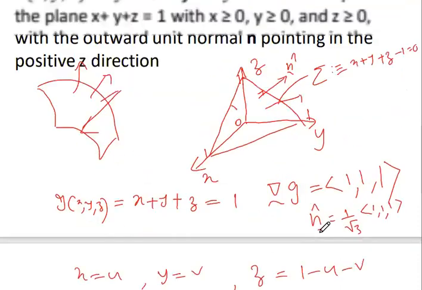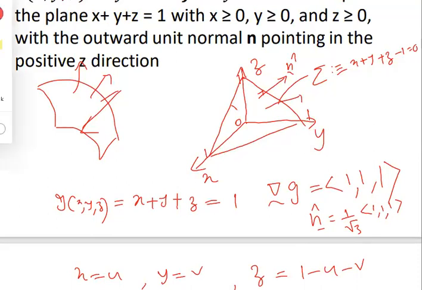So let's check the boundary. x varies from 0 to 1. This is your sigma plane, and the shaded part here is our R, which is in the xy plane.